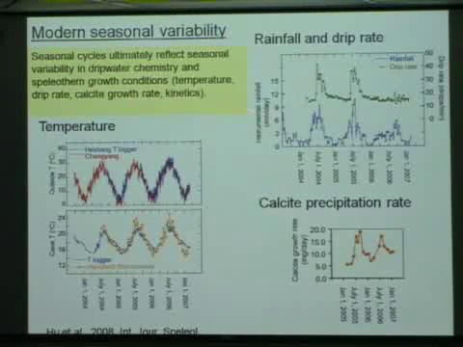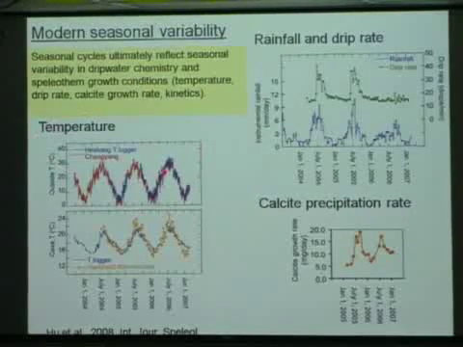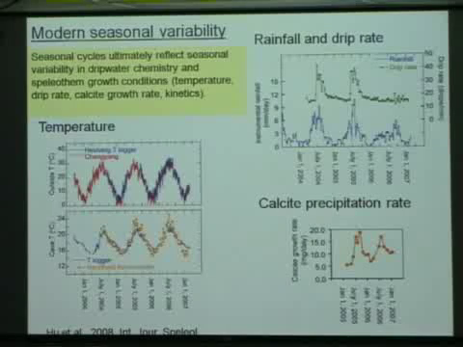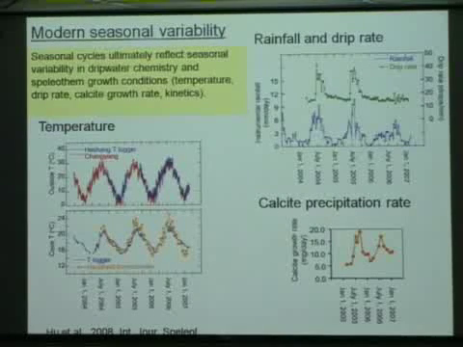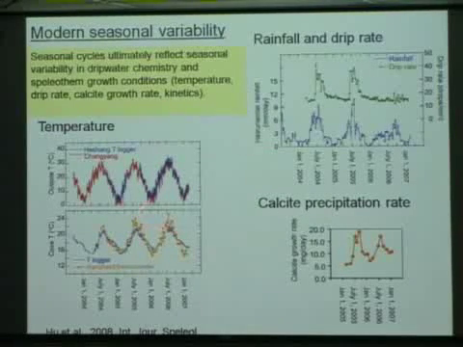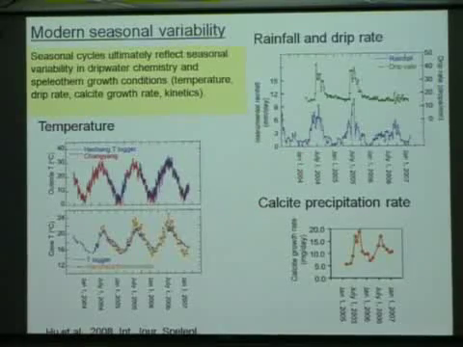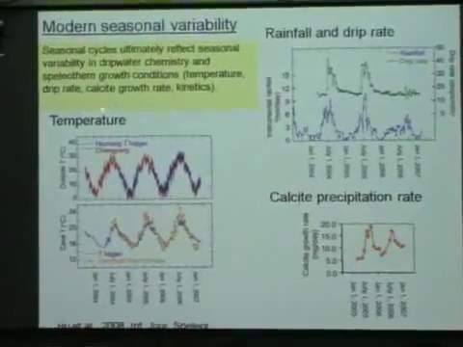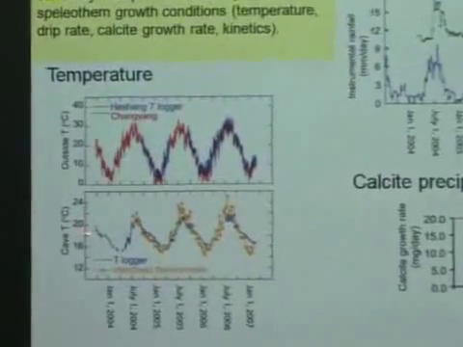These seasonal cycles in the speleothem are likely to reflect seasonal changes which might be happening in the cave system. So when we look at the climate and environment of the modern cave system, we see a very clear temperature cycle.